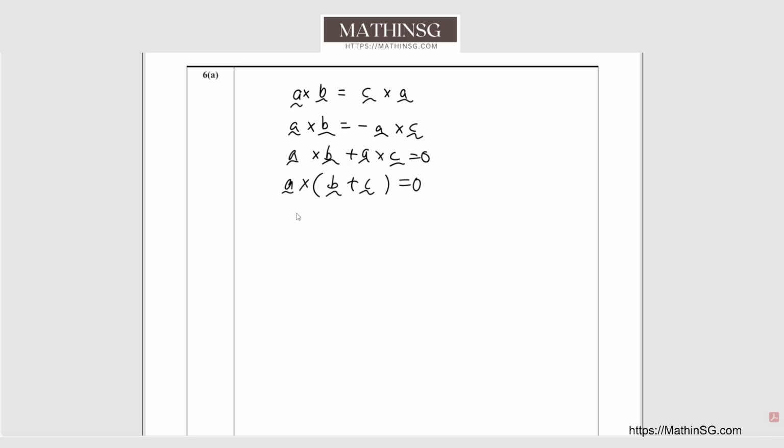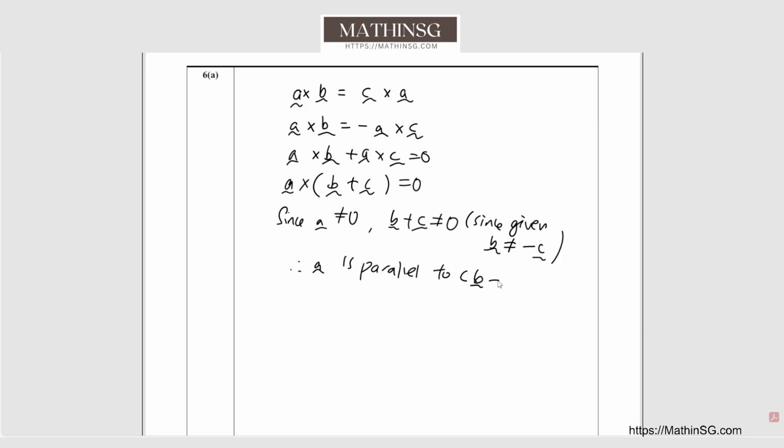Then since a is not 0, b plus c is also not 0 because given b is not equal to minus c, therefore a is parallel to b plus c. a equals k(b plus c), where k is real. So this is our answer for part 6a.